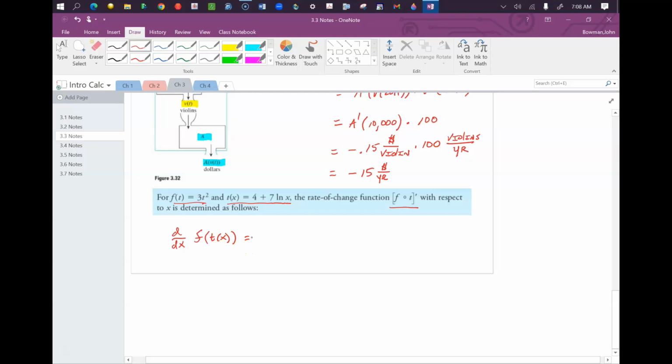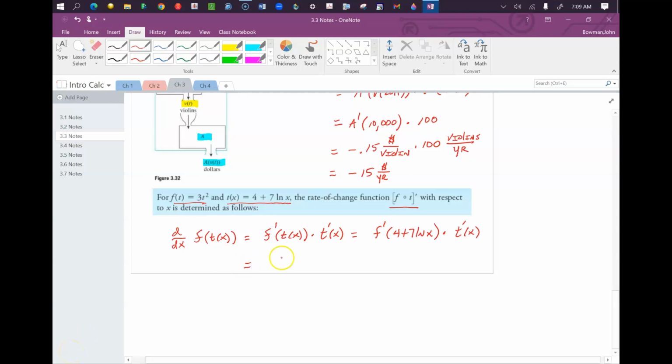So our rule again is f prime of t of x times t prime of x. So that is f prime of 4 plus 7 ln x times t prime of x.